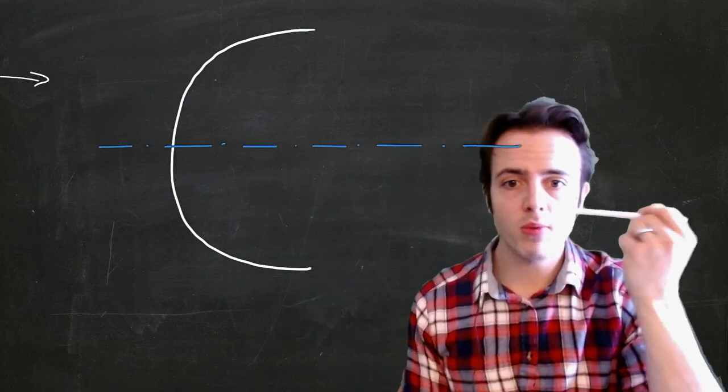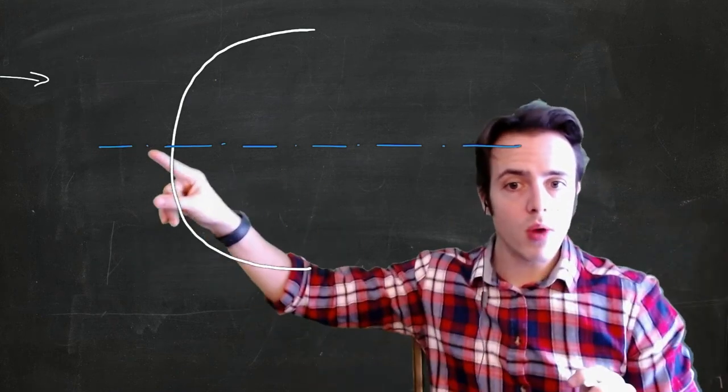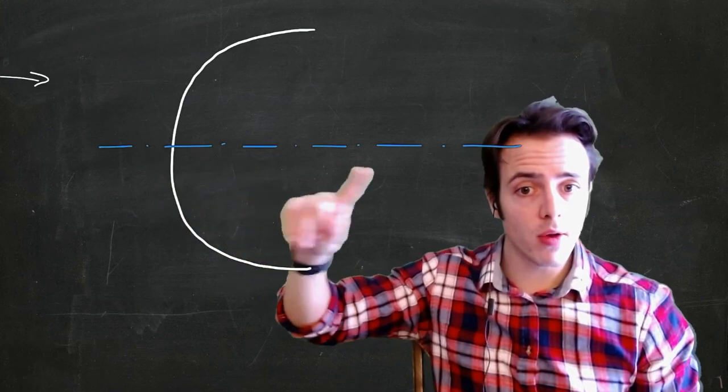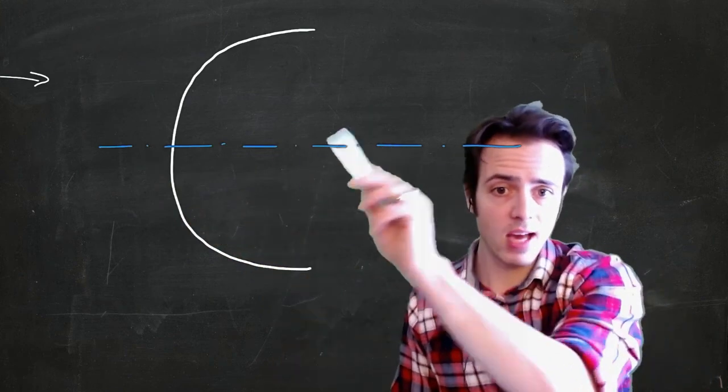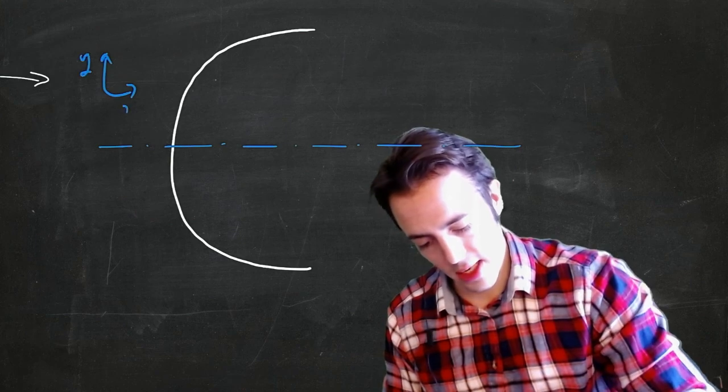So if, for example, we wanted to determine the Iyy, we would need to know the horizontal location of the centroid, because we'd need to look for x bar. Let's just put these two lines on here, y and x.